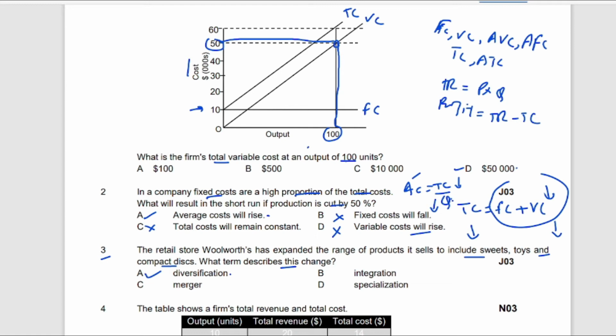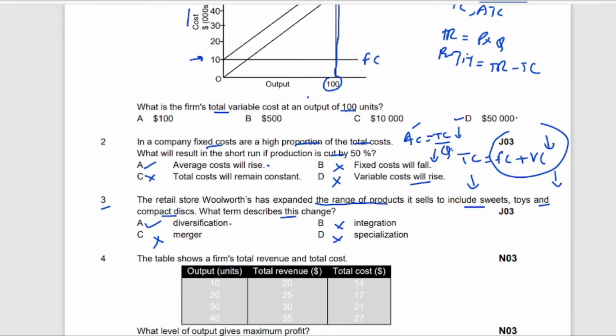So option A is the correct answer. It's not merger, it's not specialization, because specialization is focusing on one product and now we are diversifying. And integration is the merger of two or more firms. Here it is expanding its own range of products. It is not integrating or merging with any other business.